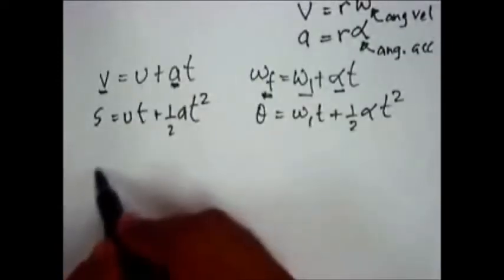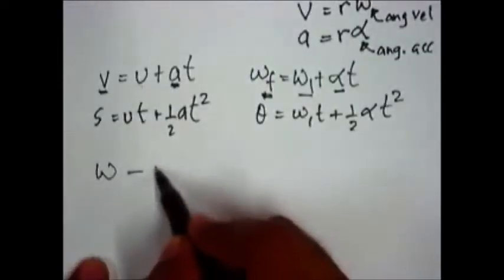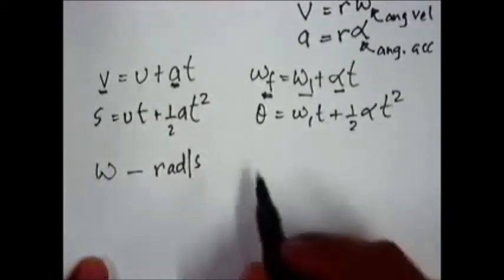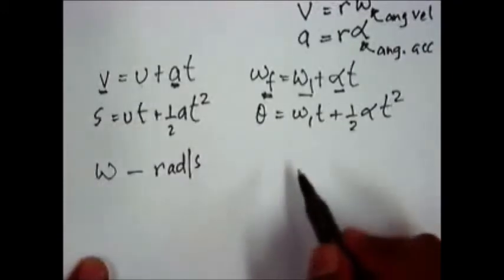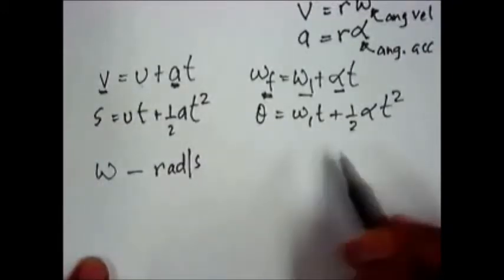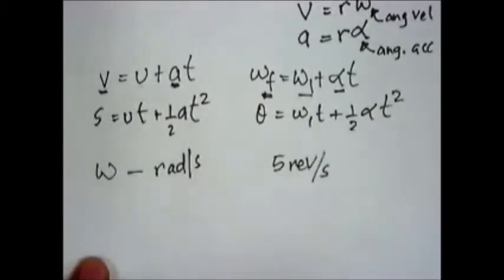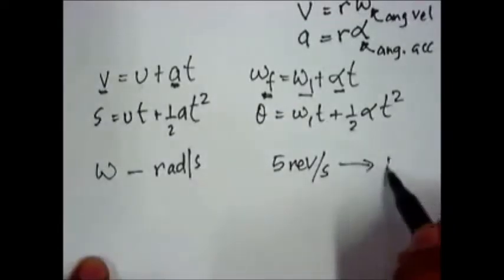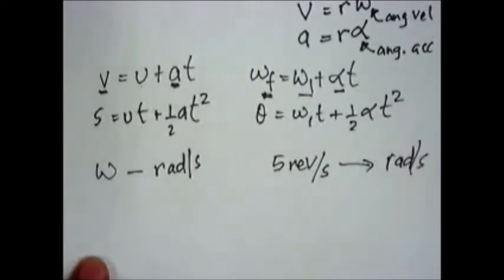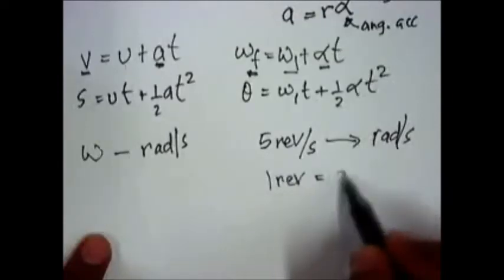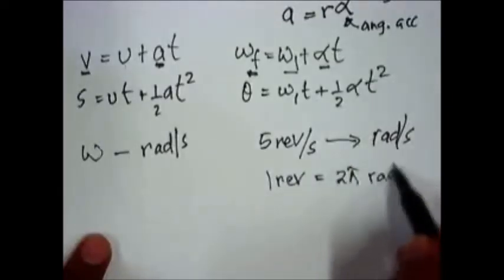Okay, the other thing of importance is that your angular velocity is given in radians per second. So sometimes in the question the rotational velocity is given, suppose, as 5 revolutions per second. So you need to change this to radians per second. And the way you do that is, you know that 1 revolution is equal to 2 pi radians.